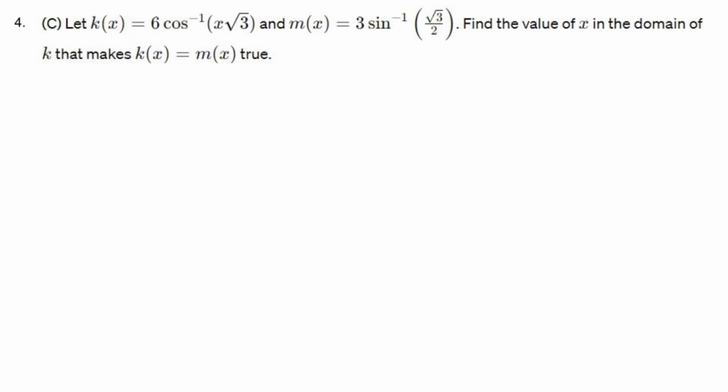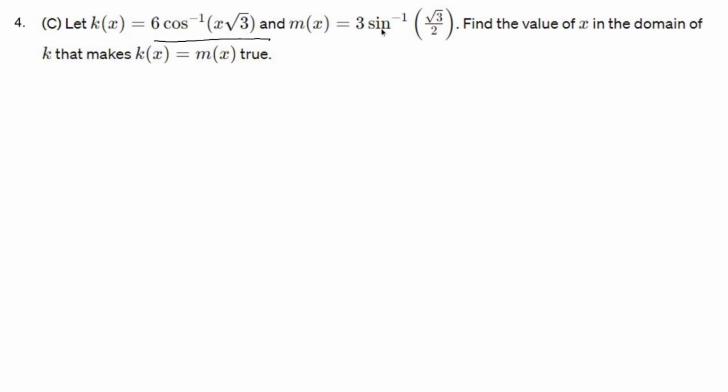This, on the other hand, is probably not going to fill me with glee. But we'll see what happens. Let k of x equal 6 times the inverse cosine of x root 3, and m of x equal 3 times the inverse sine of root 3 over 2. Find the value of x in the domain of k that makes k of x equal m of x true. So I've got to set these equal to each other.